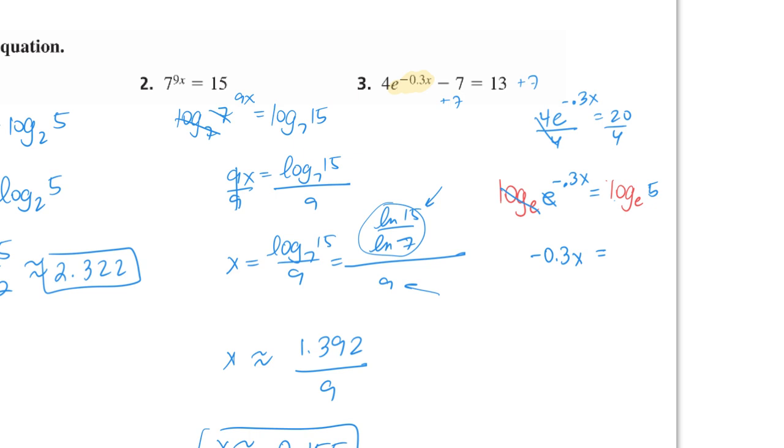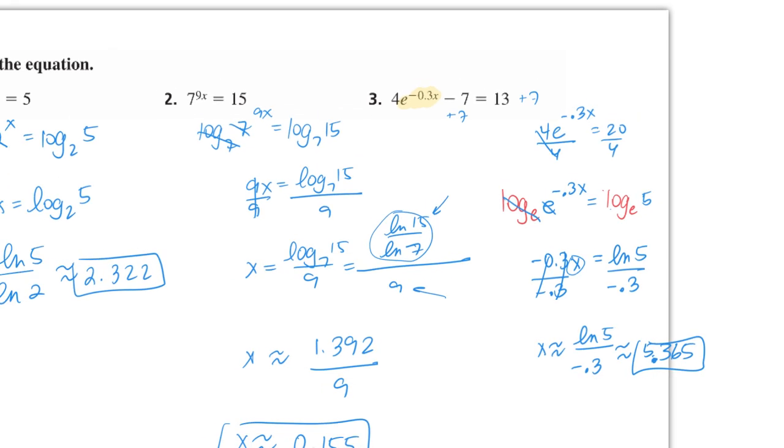And over here, I'm going to write ln 5 because it's a little easier than log base e. And then I realize, well, if I'm solving for x, I have to divide both sides by negative 0.3. That cancels, right? Leaving me with the answer. So it's going to be the natural log of 5 divided by negative 0.3. And I'm going to get negative 5.365.